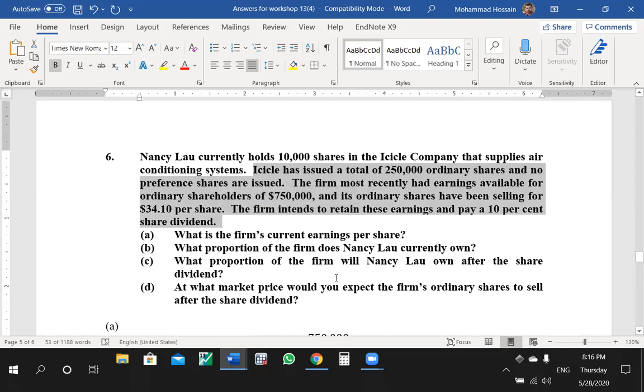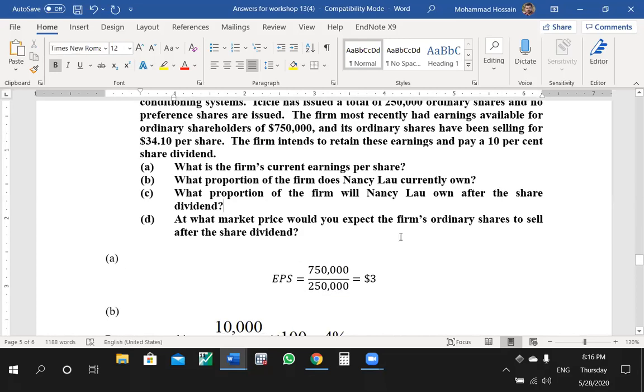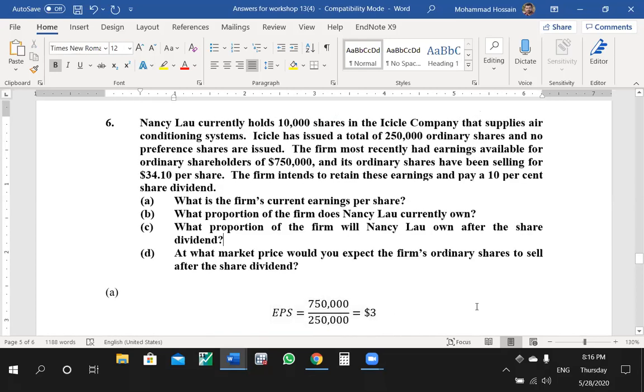Firm's current earnings per share. What is EPS? Earnings divided by number of shares. They have 250,000 ordinary shares.